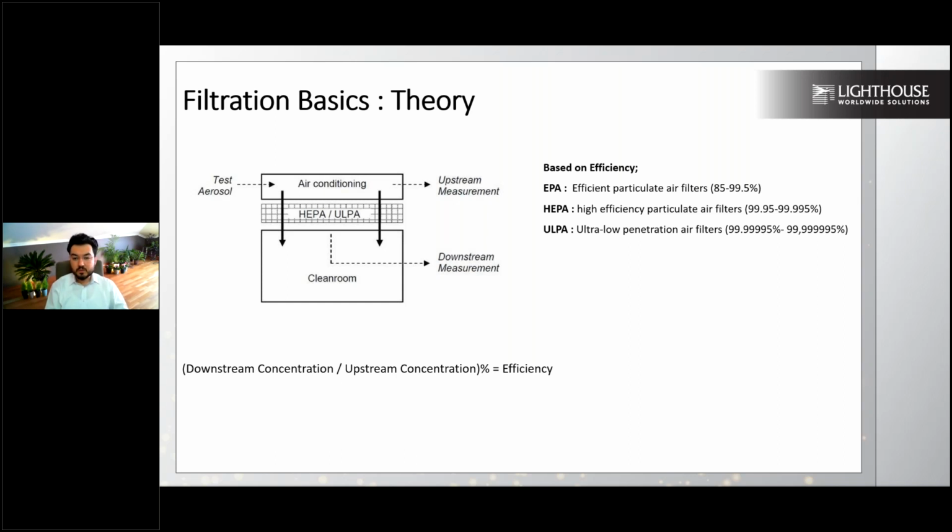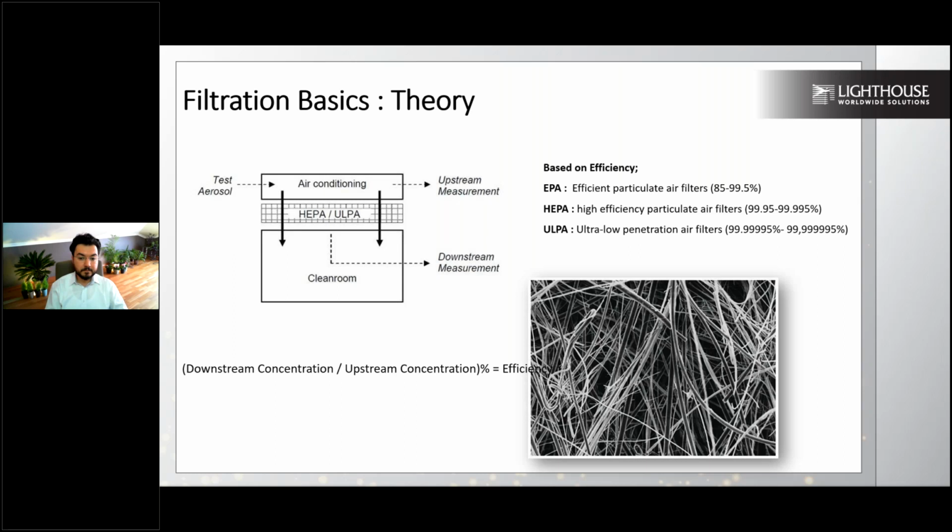They have a lot of nines on it, so do ULPA filters, which means if you have, let's say, 1 million particles on the upstream side, you have a couple of hundreds or even less than this on your downstream. So most of these particles will be captured by the filter medium. Increasing the efficiency also increases the classification of your filters.